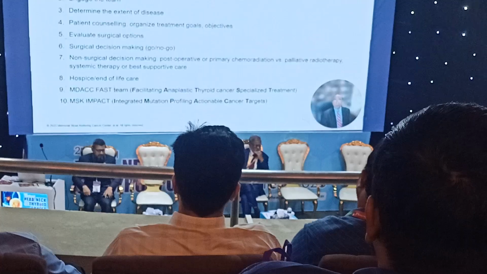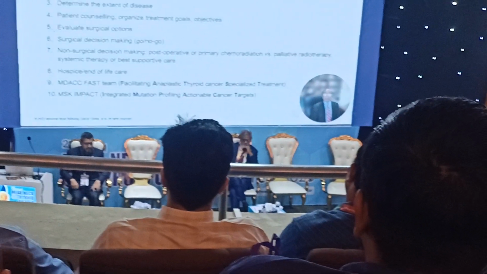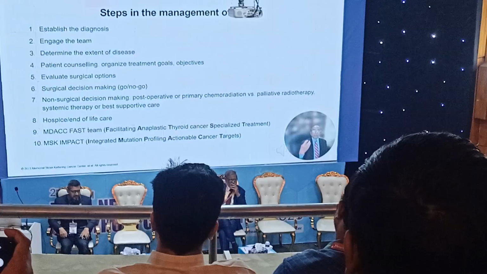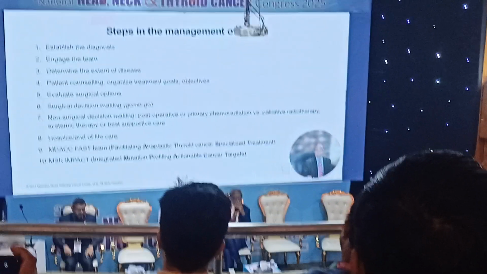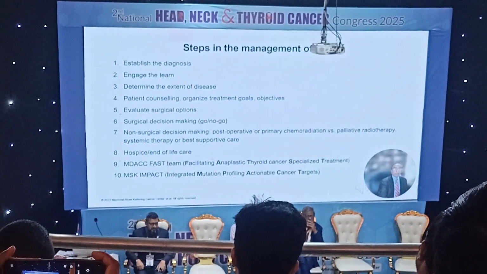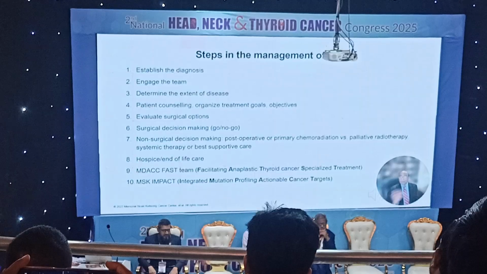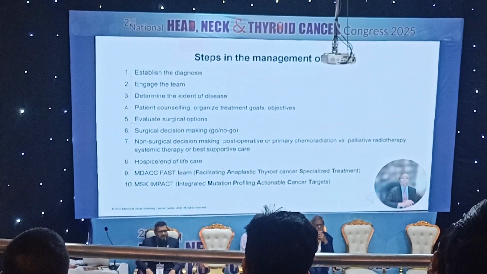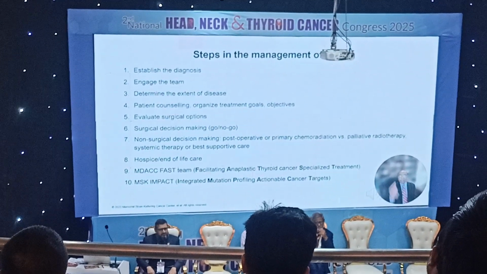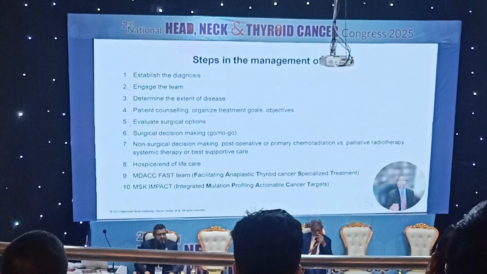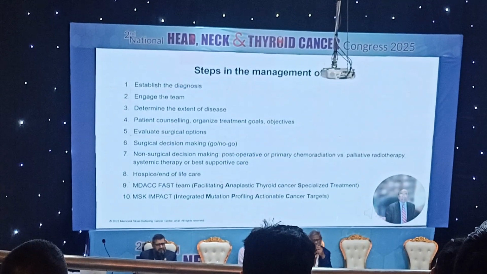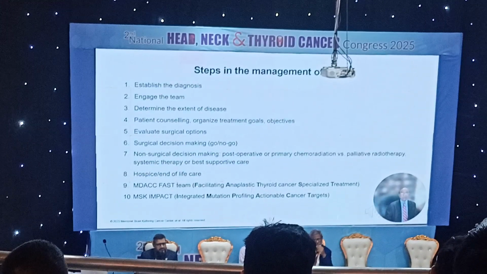Now, what are the steps in the management of anaplastic thyroid cancer? The first and foremost is to establish the diagnosis. The second, very important, is to engage the team. Whenever we see a patient with anaplastic thyroid cancer, a flurry of emails goes around the institution, and everybody knows there is a patient with anaplastic thyroid cancer coming in.